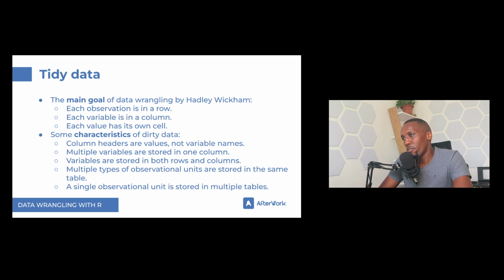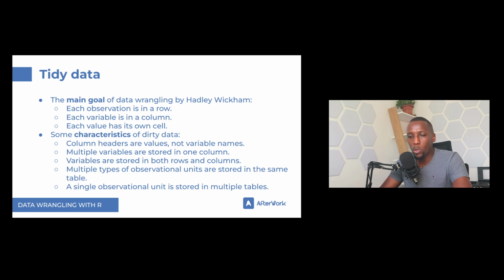You could also have variables being stored in both rows and columns. You could also have multiple types of observational units stored in the same table, maybe users data as well as orders data within one table. You might want to ensure that you've split those observational units differently in order to work with data in an easier way. And also, you could have a single observation stored in multiple tables.